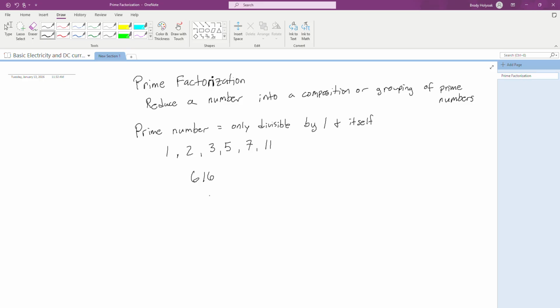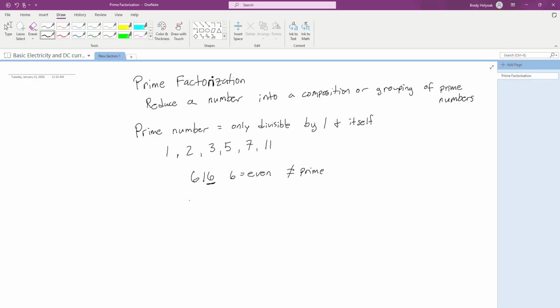Right off the bat, we should know it's not prime because my last digit, my ones place, is even. Because that 6 is even, it is not a prime number, because anything that's even can be divided by 2 and broken down. So right off the bat, we know that this is not going to be a prime number, and we can work that down and factor it out.